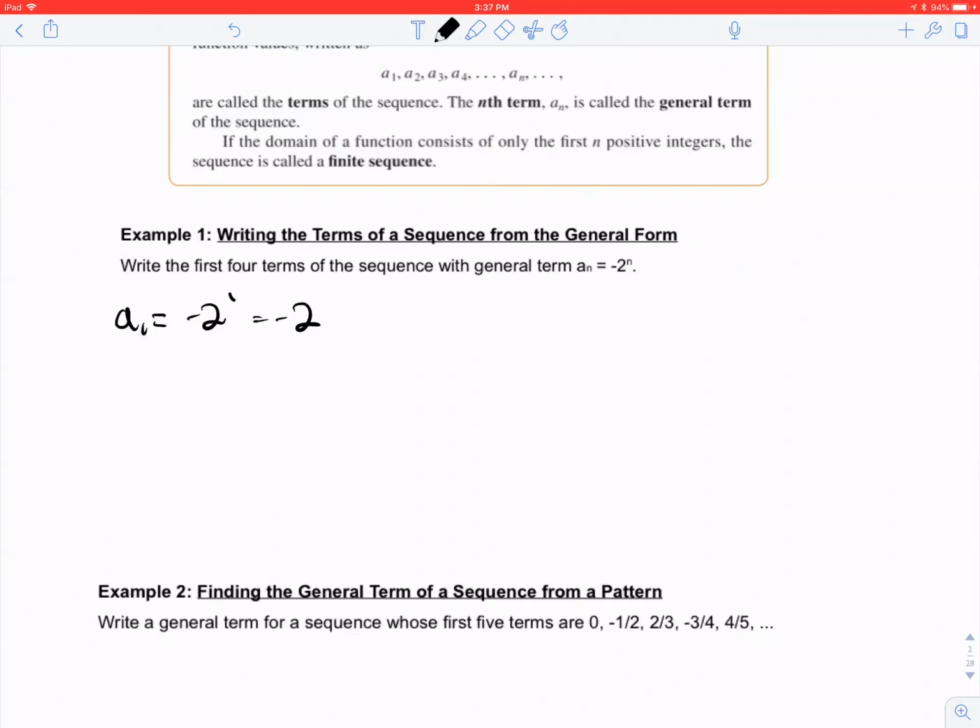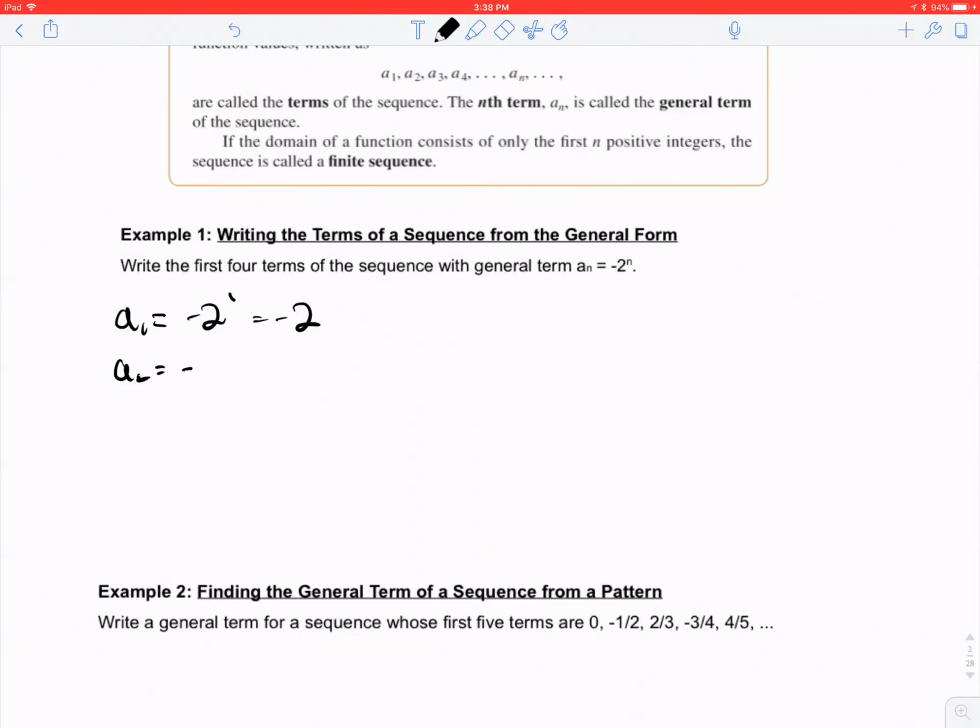So we say 2 to the 1 is 2, then multiply by negative 1. Notice that it's not written in this fashion. If it was written like in example 2, negative 2 squared, then it would be positive 4. But here we're going to say negative 2.